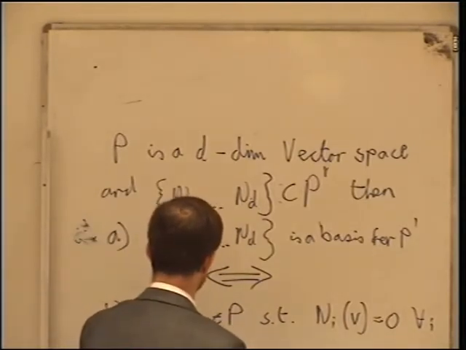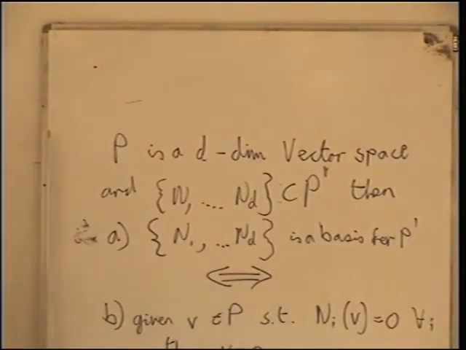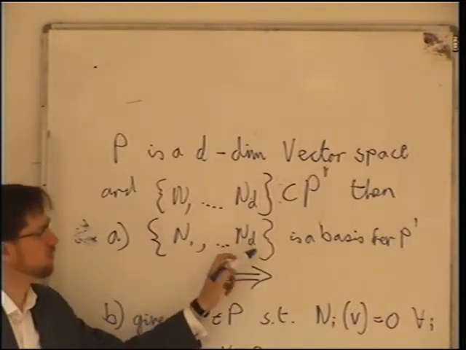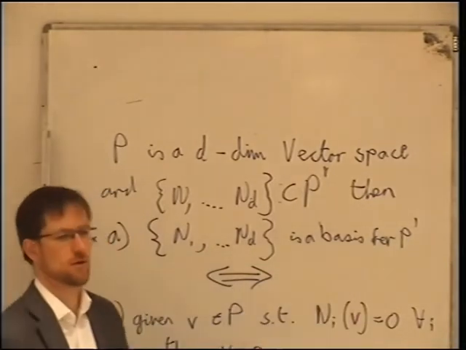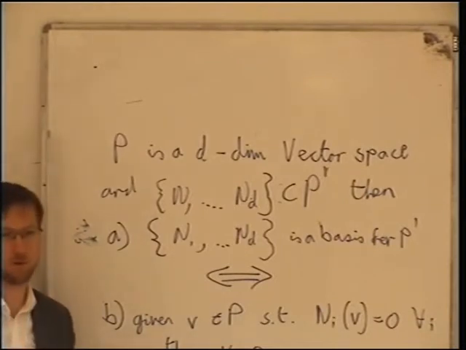Then V must be the zero function. So what that is saying is that in some senses this nodal basis for the dual space fully determines what goes on in the polynomial space.